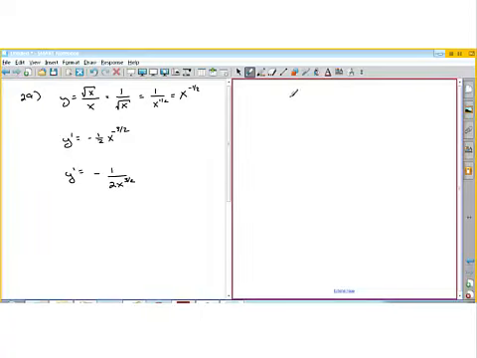Okay, the next one I didn't do was 32. So it's saying we have f of t is 3 minus 3 over 5t at 3/5, comma 2.